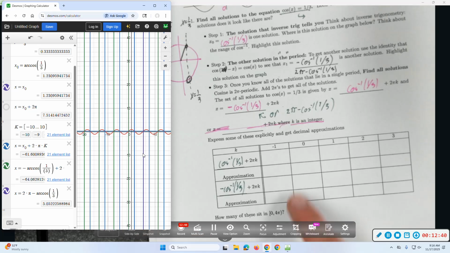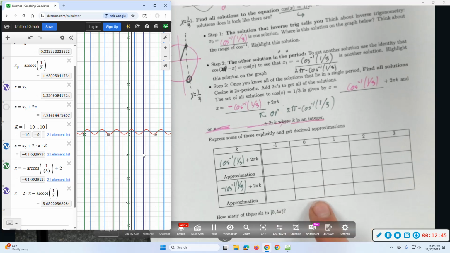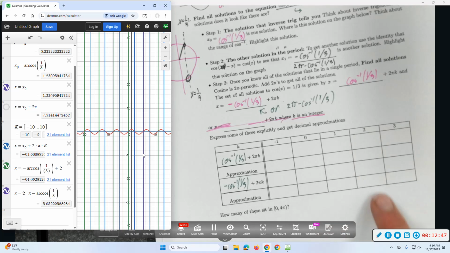Compute both of these for k equals negative 2, negative 1, 0, 1, 2, 3. Let's just go left to right.